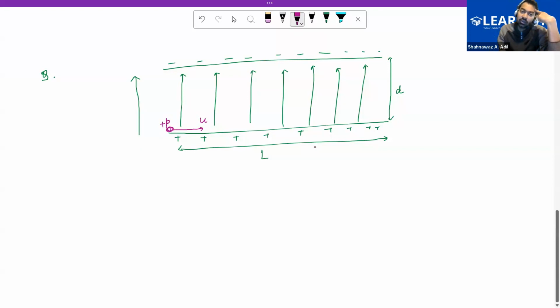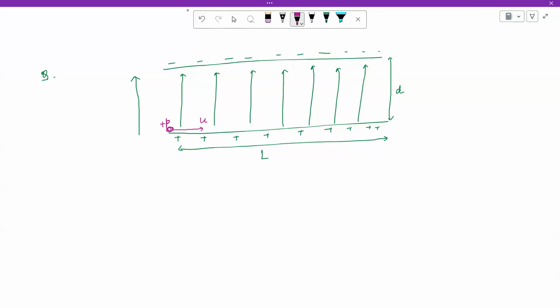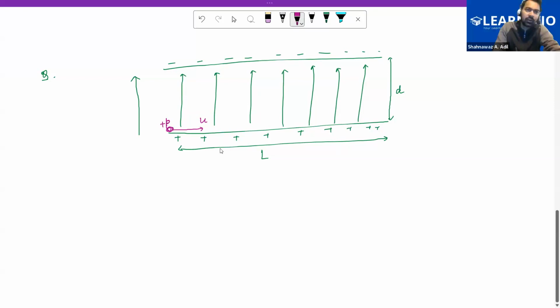Now, because you have this electric field in this direction, this proton will feel a force in this direction, right?